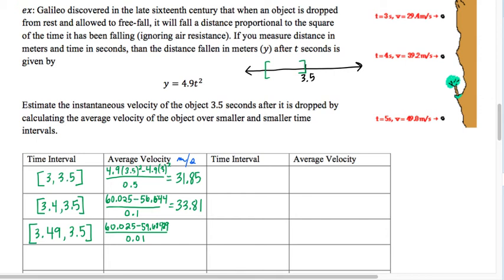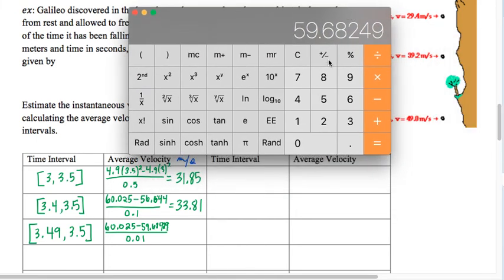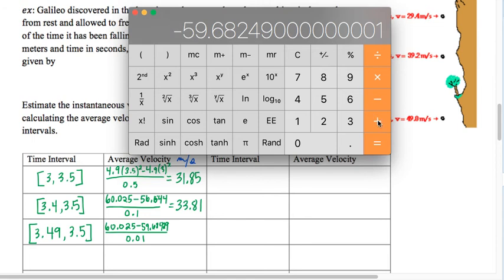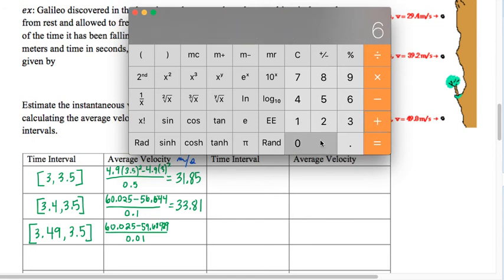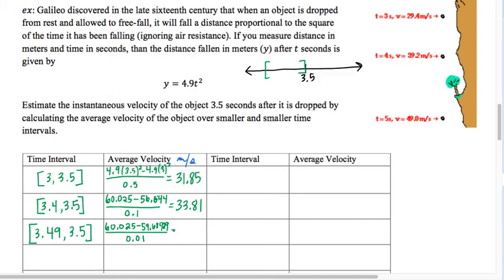Okay, going back to the calculator here. What we can actually do is make that negative, and then I'm going to add 60.025 and divide that by 0.01. Okay, 34.251.